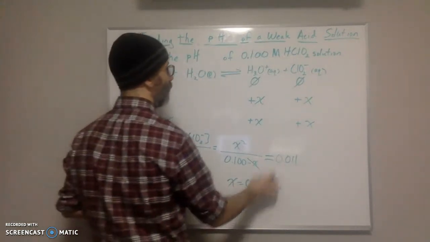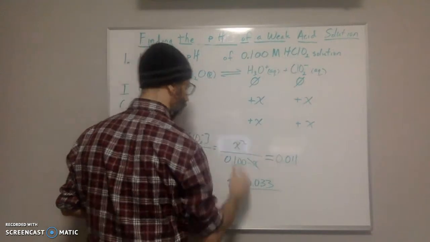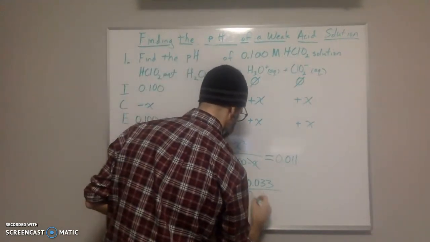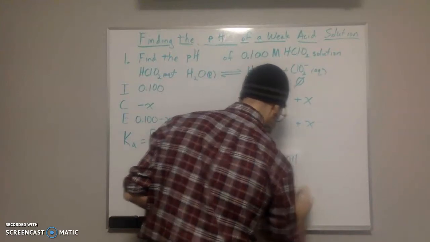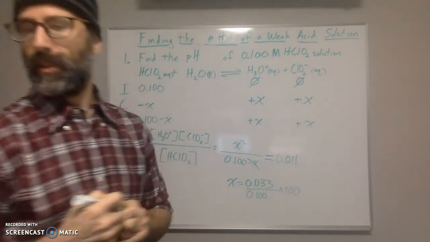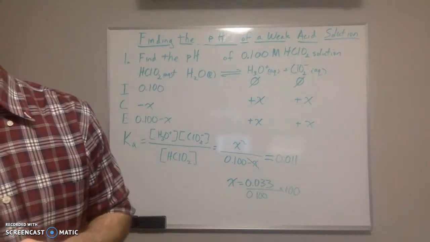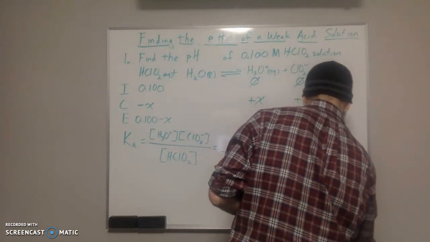Now if I take this and divide it by the initial concentration, which is 0.100, multiplied by 100, that's going to be 33%.